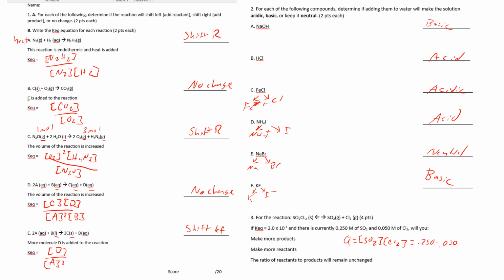Sorry, actually getting out my calculator here. 0.25 times 0.05, Q is 0.0125. K is 0.002. Right? So K is bigger than Q, which means we need to make more reactants. That one is more reactants.